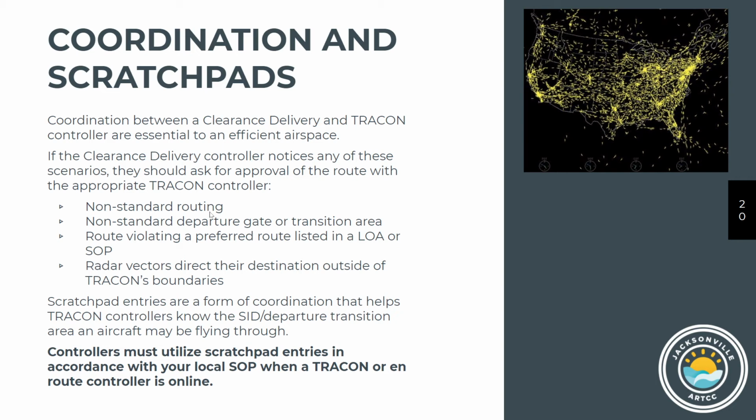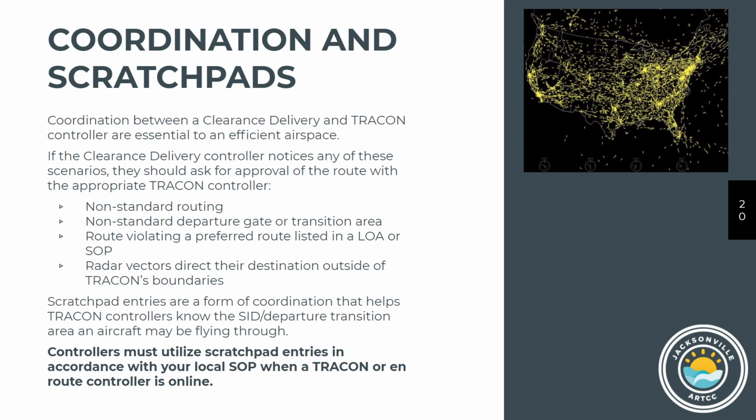Well, if the routing is non-standard, if it's not the preferred route the FAA publishes. We actually have letters of agreement with our surrounding ARTCCs that we will follow certain preferred routes into that ARTCC. They may not be exactly the same as the FAA preferred route, but they'll usually differ because of some limitation or something we had to do to make the airspaces work.